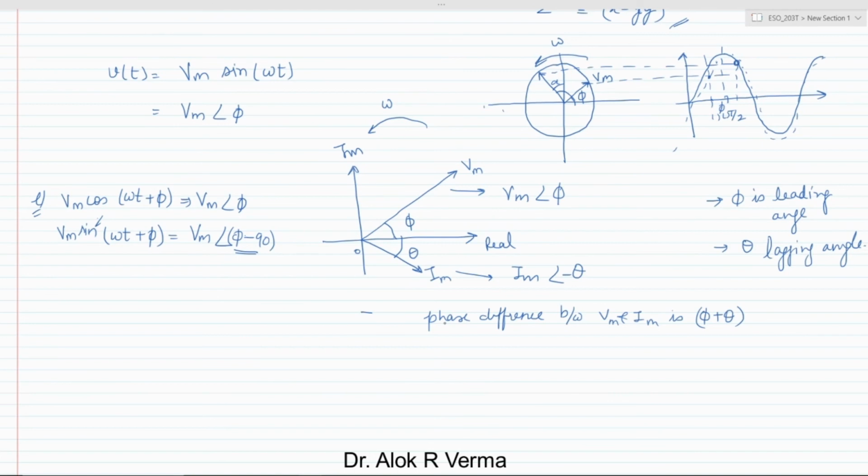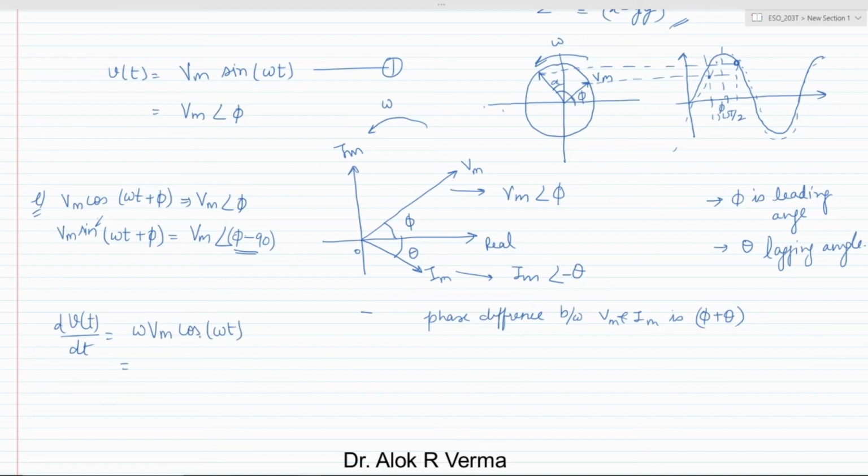So the derivative of v(t) transformed into the phasor domain. What we'll do is take a derivative of this. Suppose this is one equation and we want d of v(t) by dt. So what we'll get is omega Vm, sin will become cos of omega t, correct?